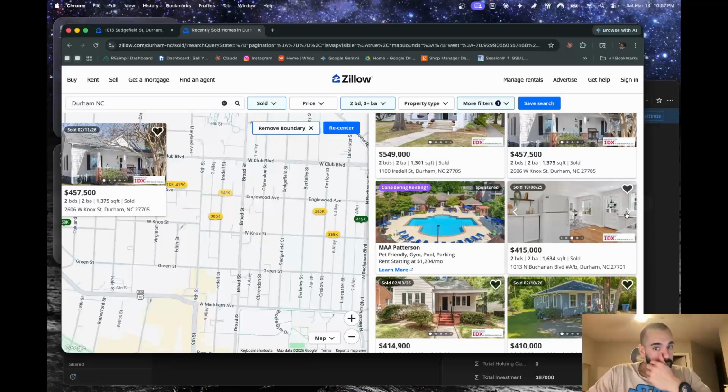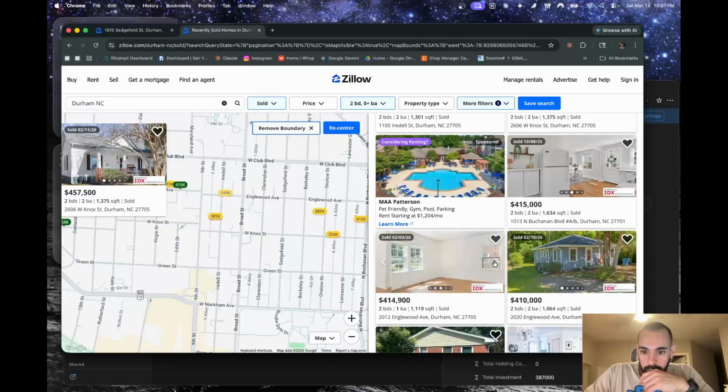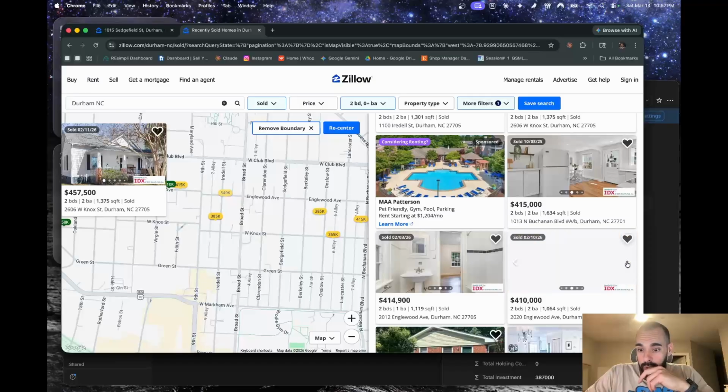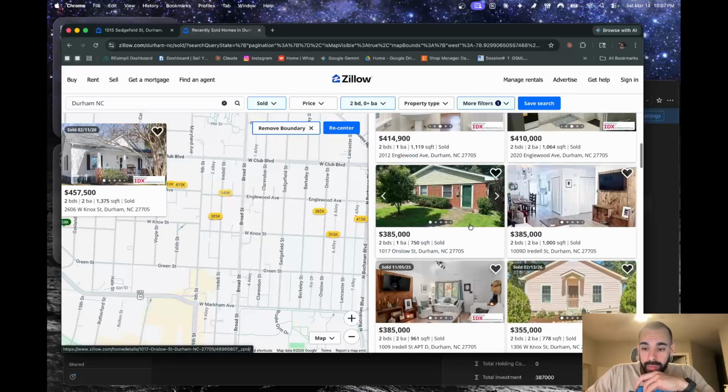So I guess maybe this is the standard. You look similar, a little nicer than our property. What about you, sir? Smaller? Okay. This is super expensive. I guess because it's next to Duke, but very expensive.